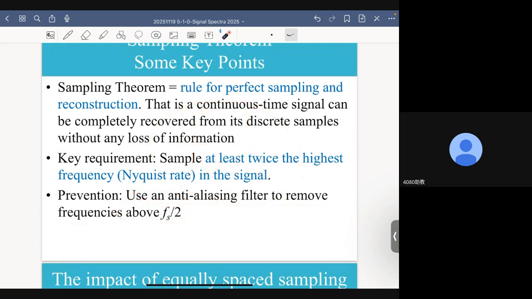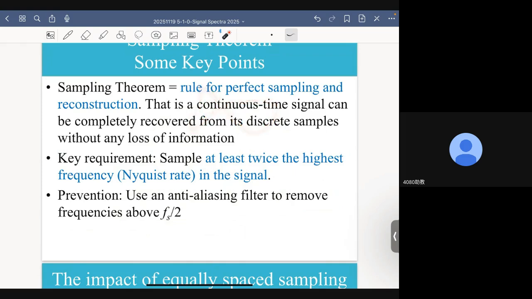most of the time, the highest frequency of the frequency components of the signal is actually infinite. Why is that the case?